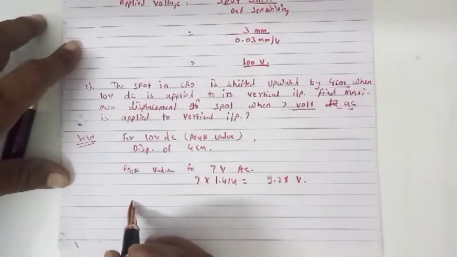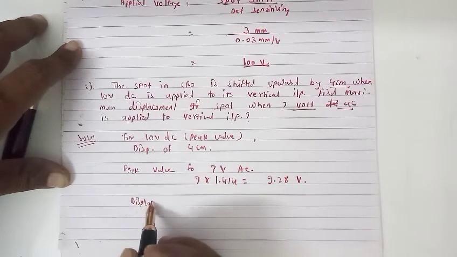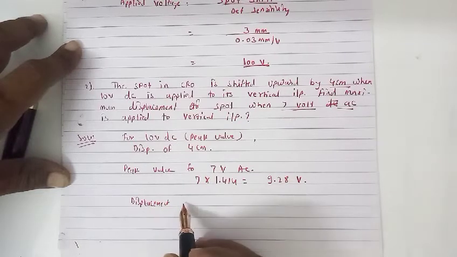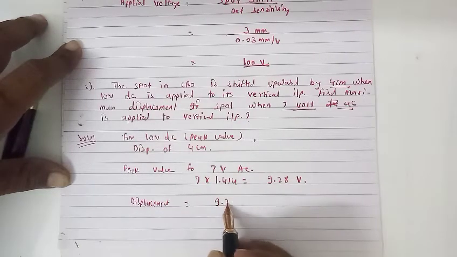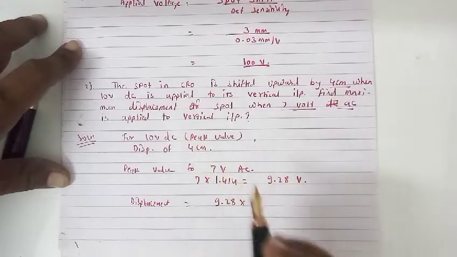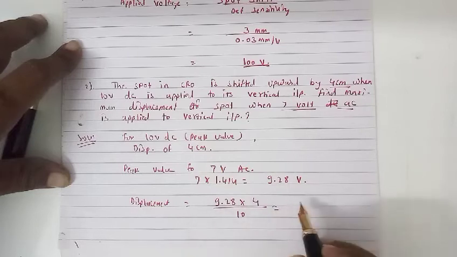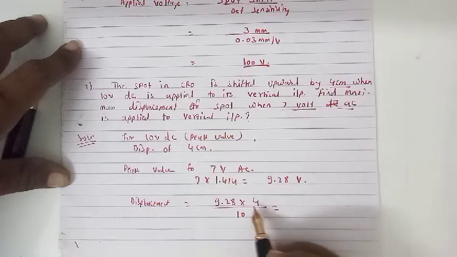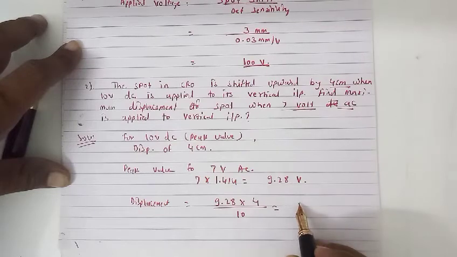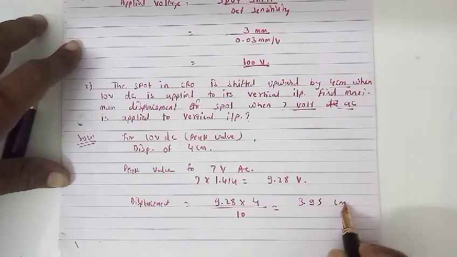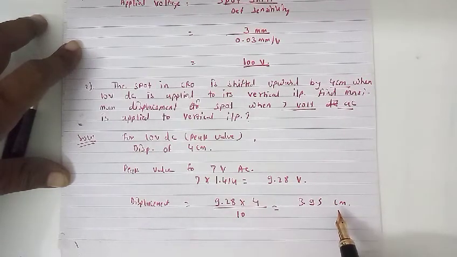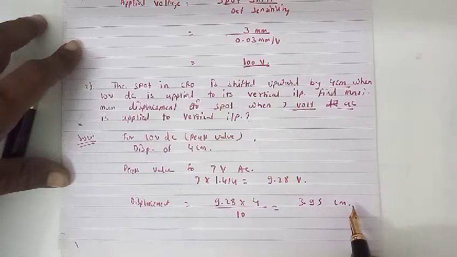Since you have got the displacement is equal to 9.28 multiplied by 4 divided by 10, at the end you will obtain the value 3.95 centimeter. So this much is the displacement which you will get, 3.95 centimeter.